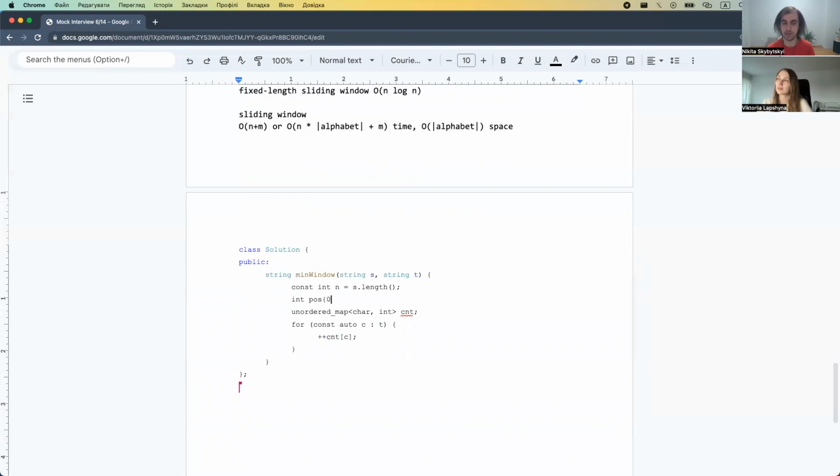That will be the number of positive values within this map. So here, if we did not have this character previously, then we increment the number of characters that we lack at least one of.